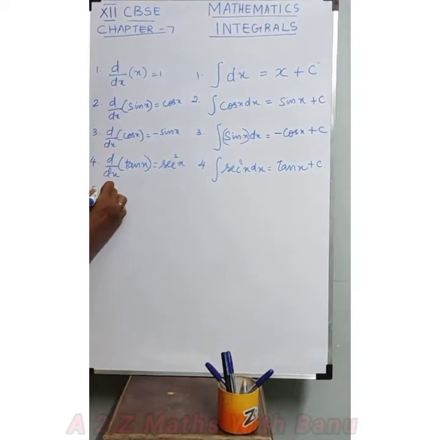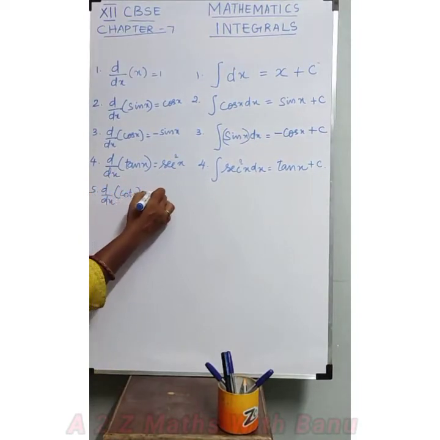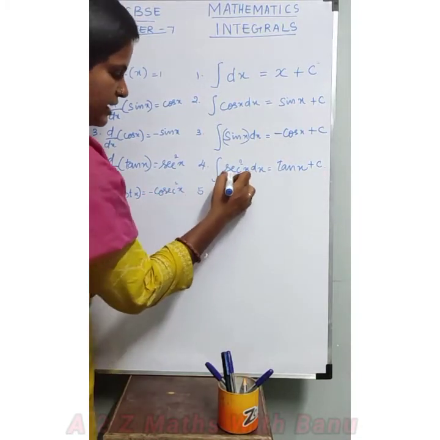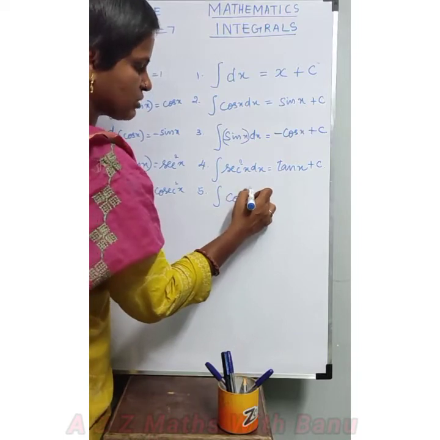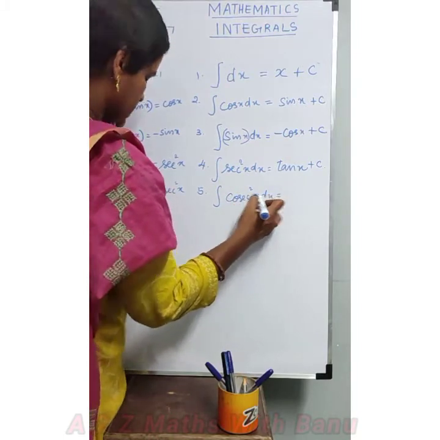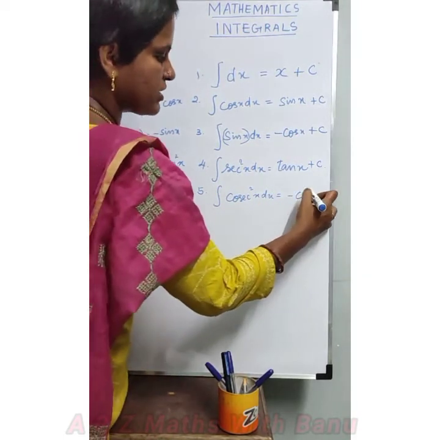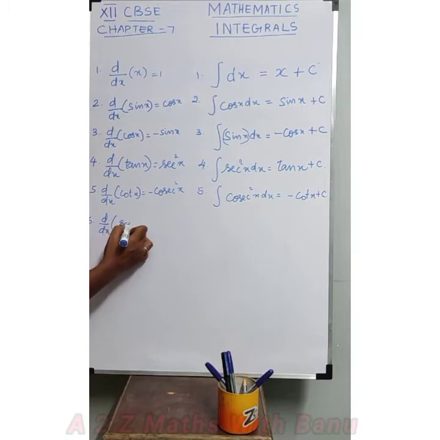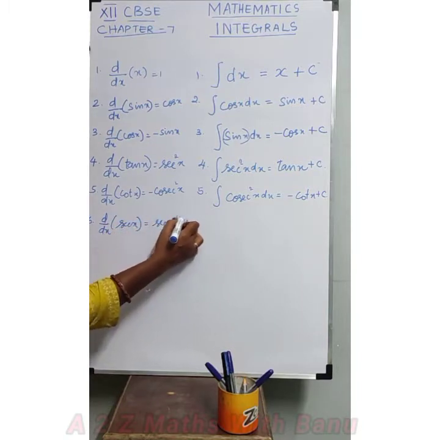And similarly, the derivative of cot x is minus cosecant square x, and therefore the integration of cosecant square x dx is minus cot x plus c. And then the differentiation of secant x is secant x tan x.